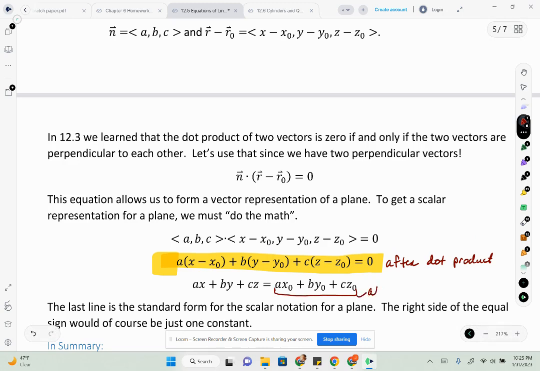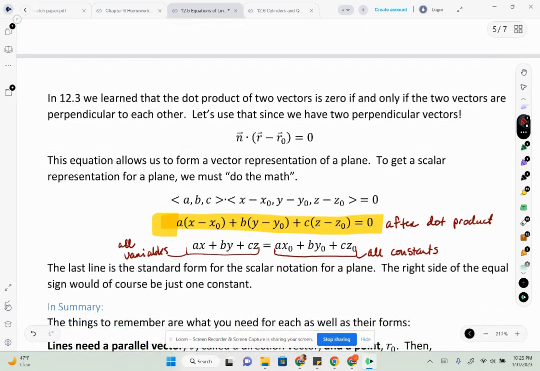These are all constants, and these over here are all the variables. Then we would have the equation of our plane. That's the standard form for the scalar notation for a plane, as opposed to the vector notation for a plane.